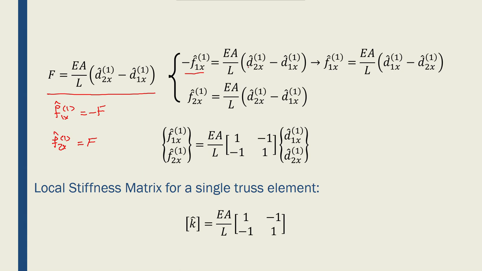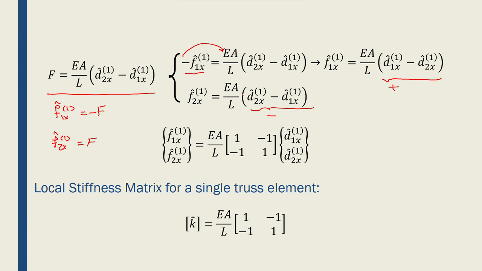We rearrange this first equation to bring the minus sign to the right hand side. So it would be f1x1 is equal to EA over L times d1x1 minus d2x1. So if you look at this and this, the only thing that is different between them is the sign. If this is positive, then this would be negative.